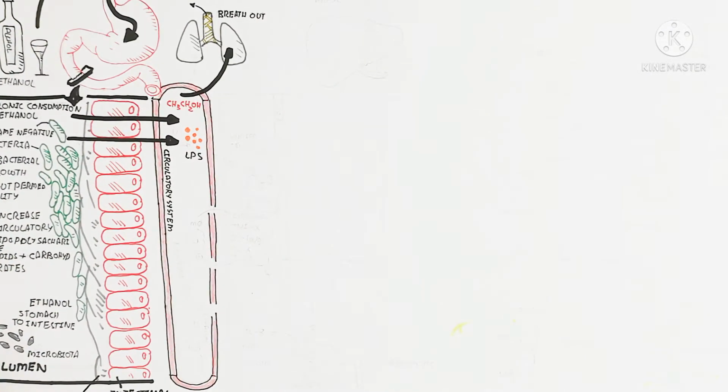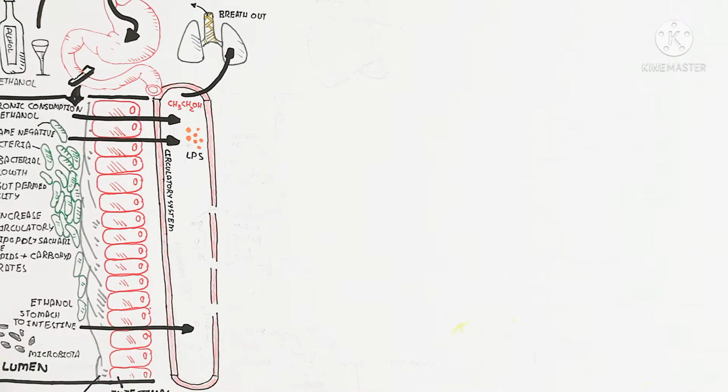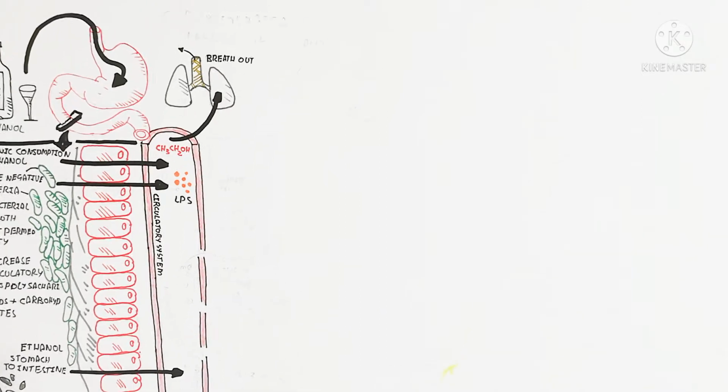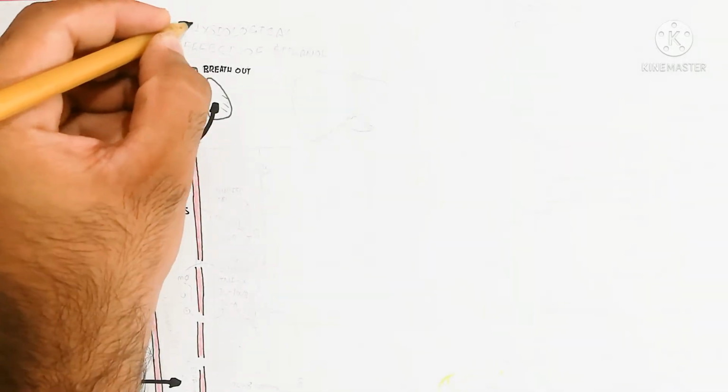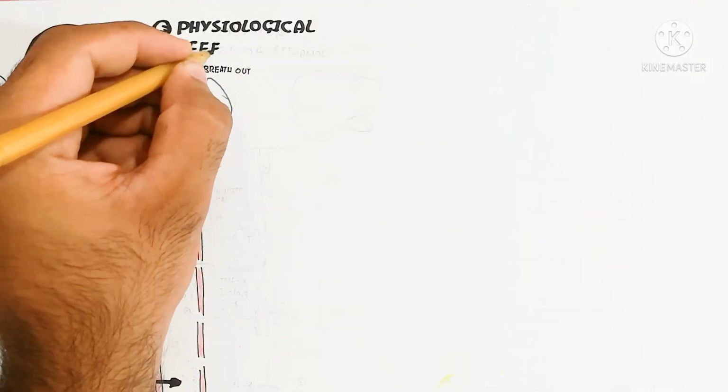Alcohol is also a light molecule which is released, so about 12% or 20% of alcohol will be lost through breathing. That is why the smell of alcohol on the breath indicates alcohol consumption.